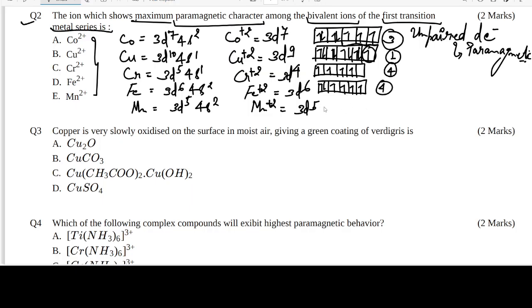Now here you can say there are 5 unpaired electrons, 1 2 3 4 5, which are present over there.